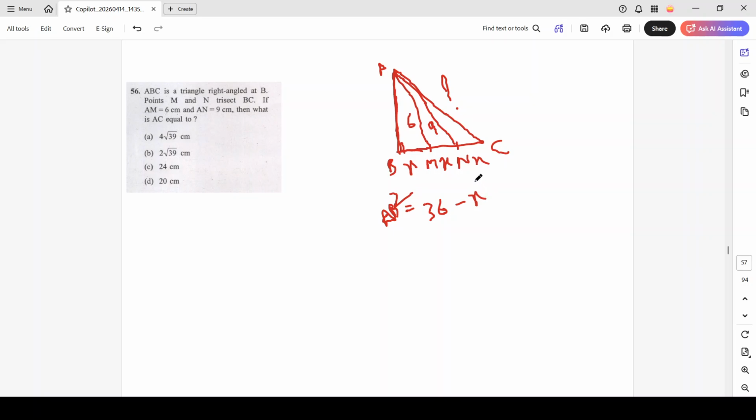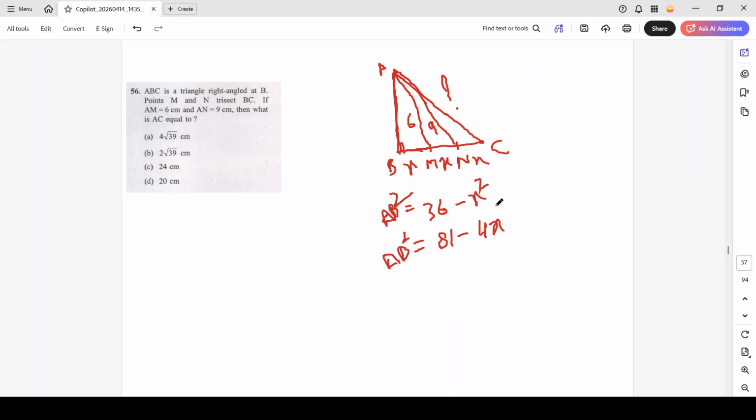That means hypotenuse square minus one side square is equal to the square of the other side. And again in triangle ABN, if we find the value of AB square, then it will be 9 square, 81, minus 2x square, that is 4x square.